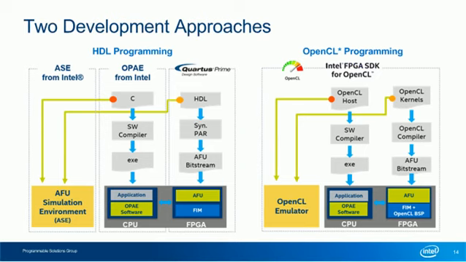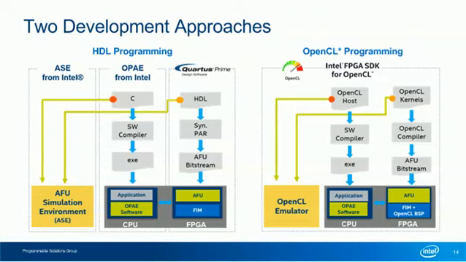The RTL and OpenCL flows for the acceleration stack are described in more detail here. The RTL programming tool flow is shown on the left. FPGA IP development uses the same Intel Quartus Prime tool as traditional FPGA development. On the software side, the Intel Acceleration Engine with OPAE technology from Intel is used for software programming of the CPU.